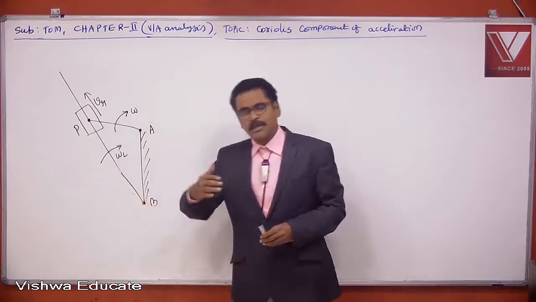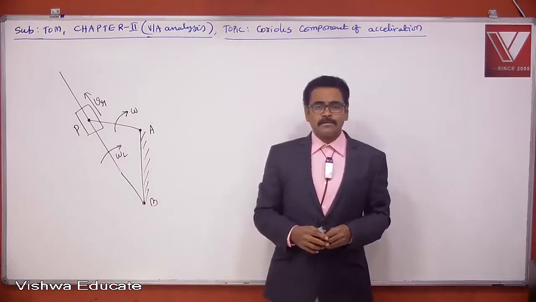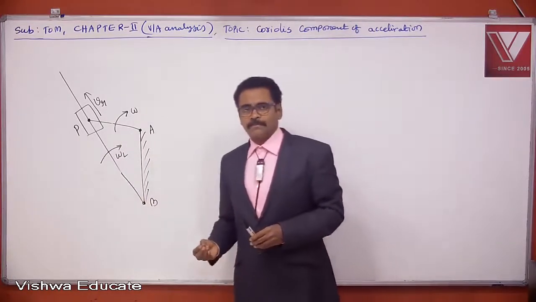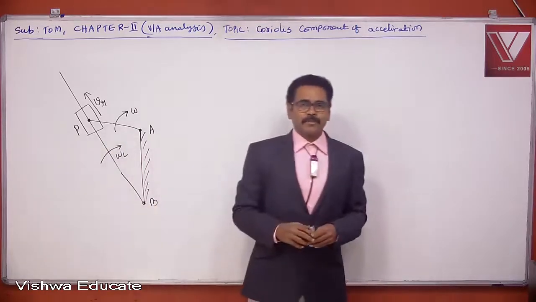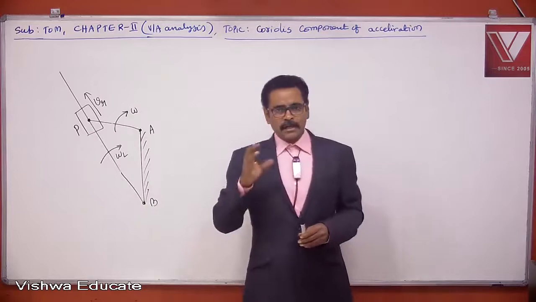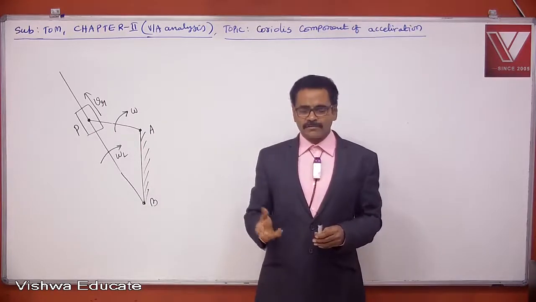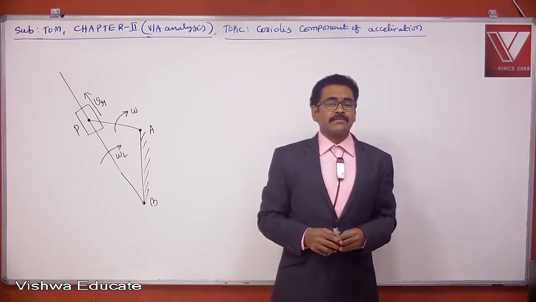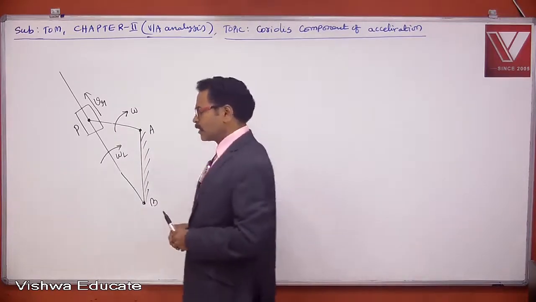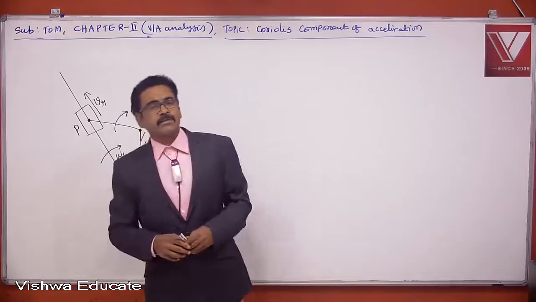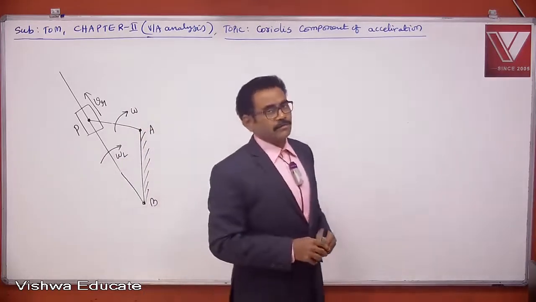Sometimes radially outward direction, sometimes radially inward. So every point of slider carries two motions here, rotation and radial motion. So if any point carries rotation as well as radial motion, that point will experience an additional component of tangential acceleration, which is called Coriolis component of acceleration.